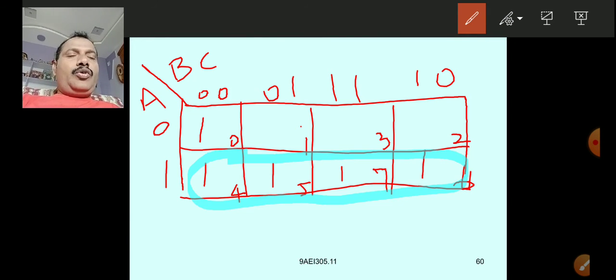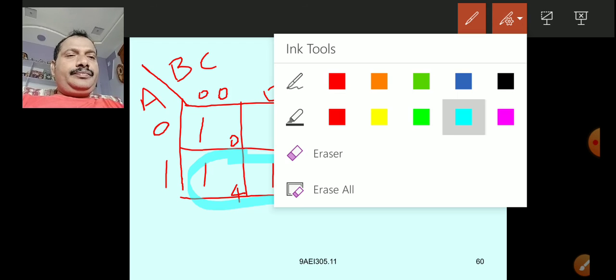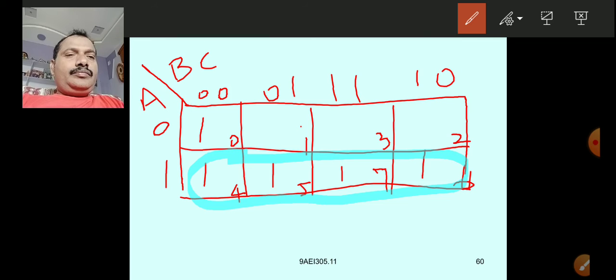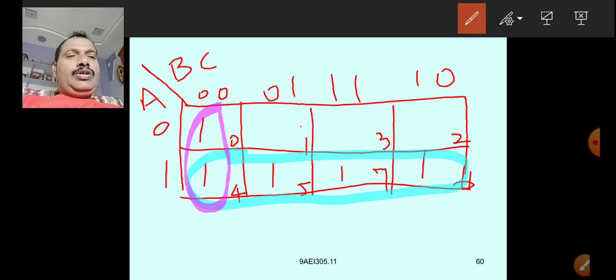So this one group, a quad, is possible. Next, a pair is possible. This is the pair. So quad is possible, pair is possible.